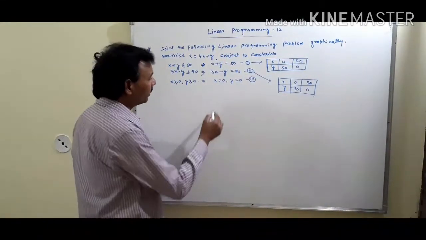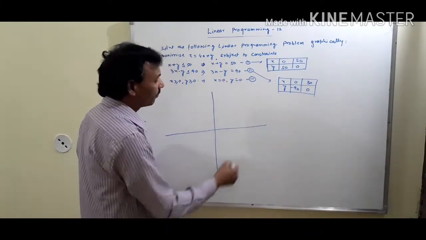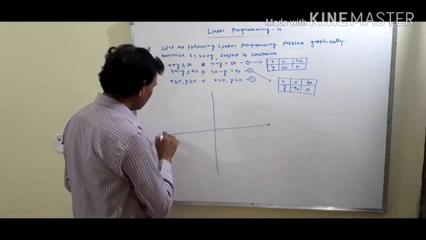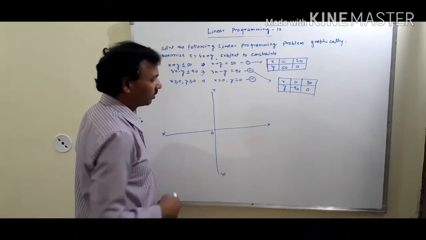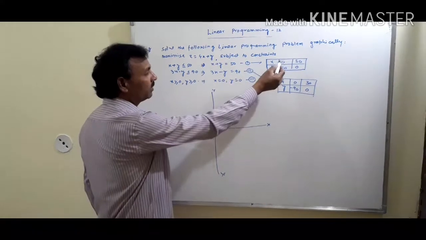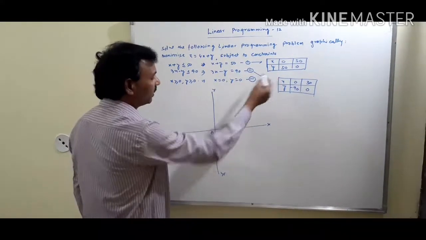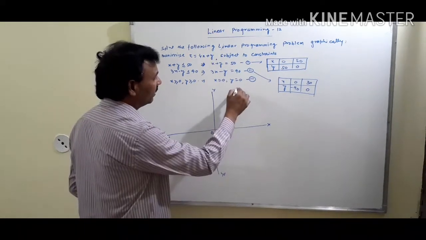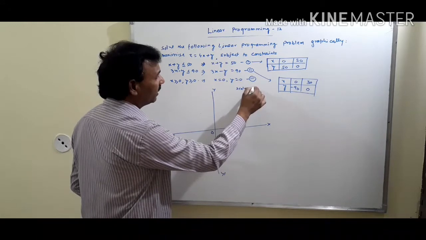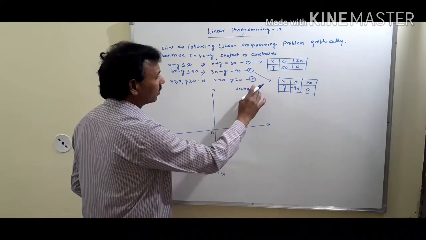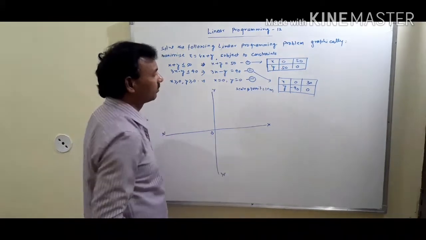Now first we draw the graph of these lines. This is x dash, x, y and y dash, and this is the origin. First we take 0, 50 on the y axis, taking the scale 10 units equal to 1 centimeter.